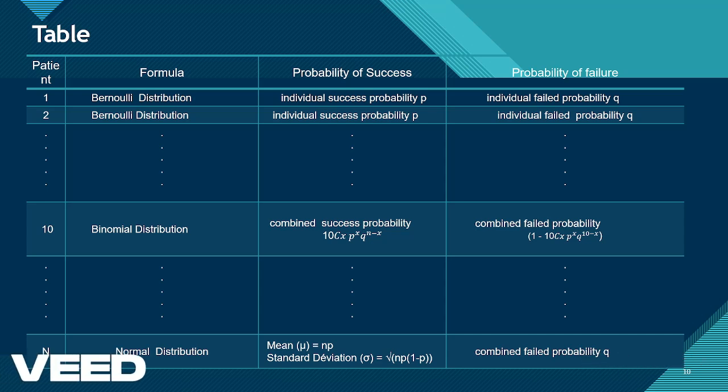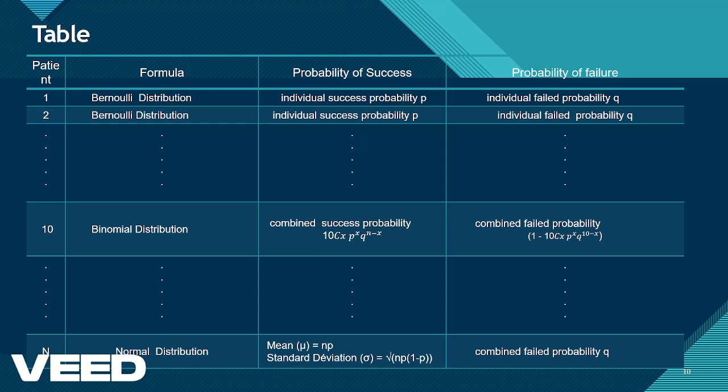So instead of going individually, we will take 10 patients and see whether X patients show the effective result or not. So in this case, the Bernoulli distribution is directly converted into the binomial distribution.